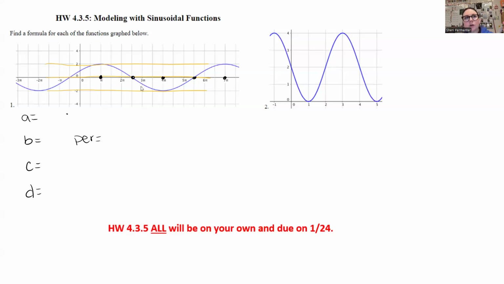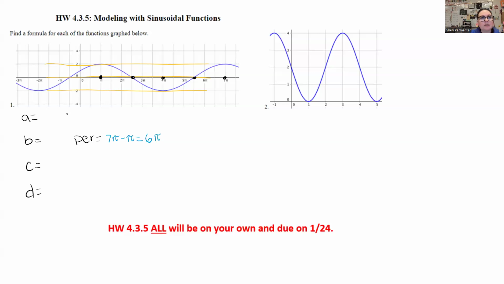One way that you can figure that out is just 7 pi minus pi. That's going to tell you your distance. It's just the length. So what's my period? 6 pi.